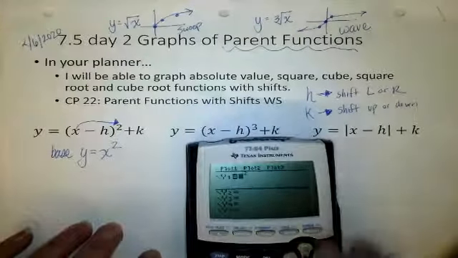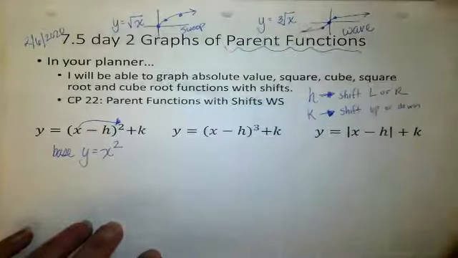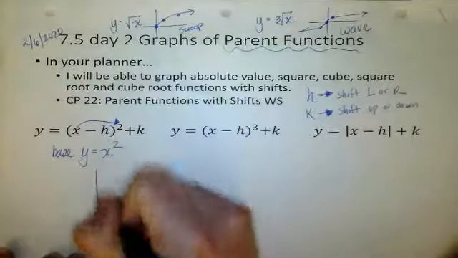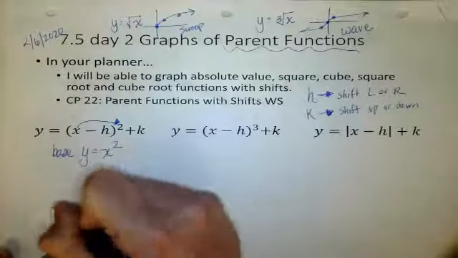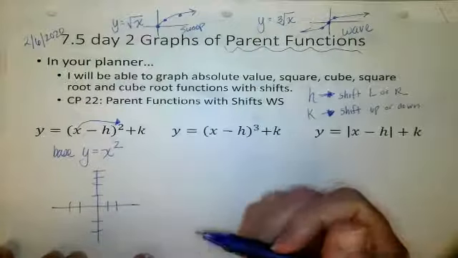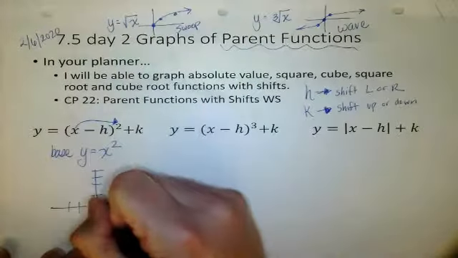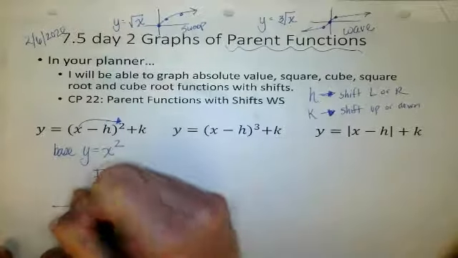Y equals x squared. And what's its shape? Parabola. Every single time. Its shape is a parabola. And it has a few main points. So we just want a couple main points to get going with. It passes through 0, 0, and 1, 1, and negative 1, 1.